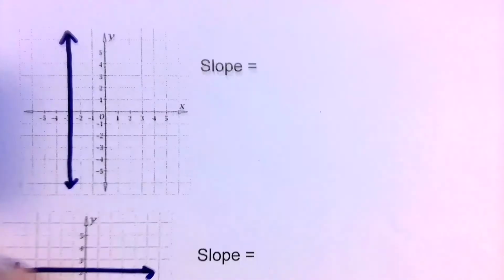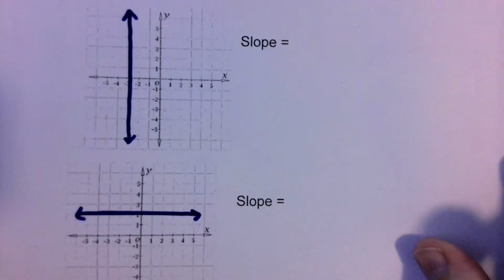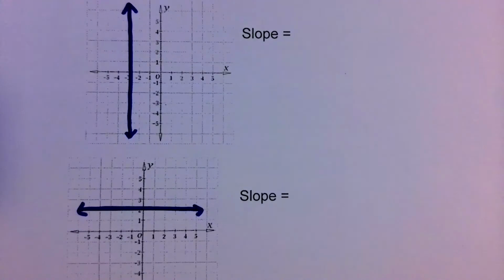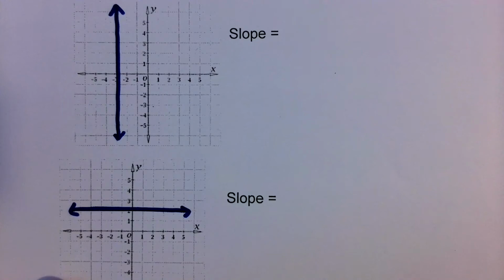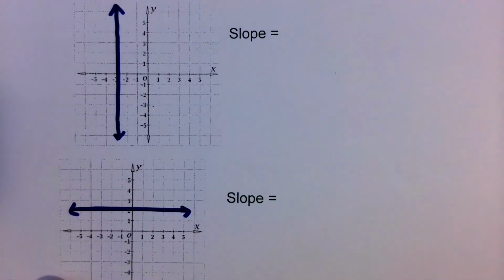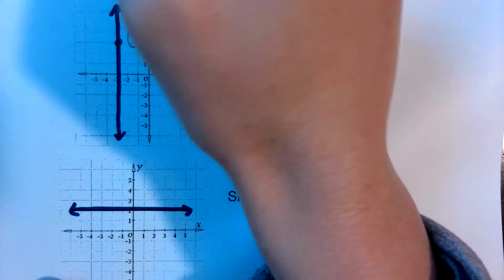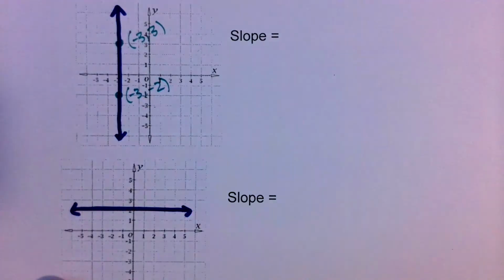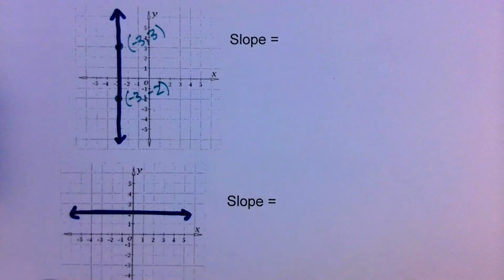Okay, so what if our graphs look more like this? So we just talked about the difference between our vertical and horizontal line slopes, but just to clarify why we know that this would be true, that a vertical has a slope of undefined and a horizontal has a slope of 0. Say we were to do the same thing. If I chose 2 points, so say here we're looking at -3, 3, and -3, -2, and it doesn't matter which 2 points, because notice, no matter what points I choose on this line, my x values are always going to be -3.